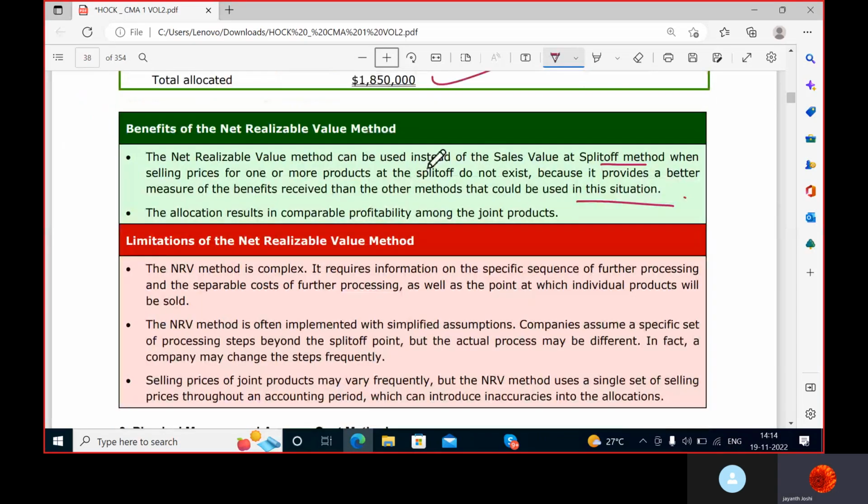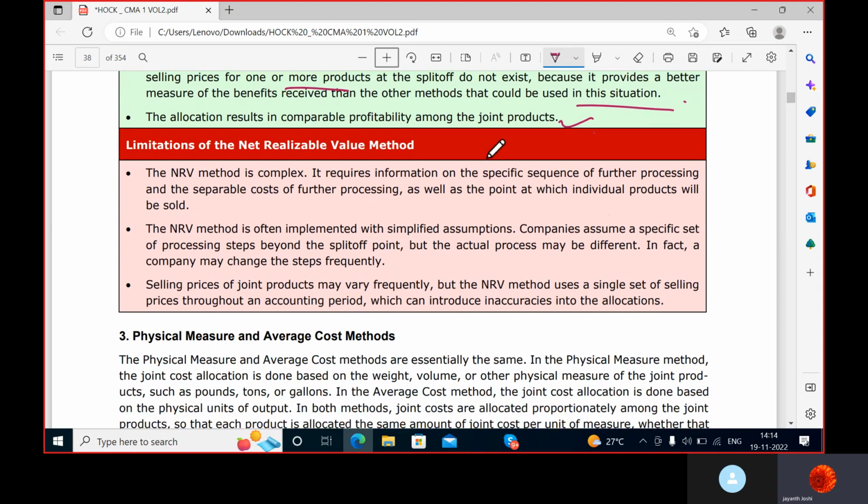It is used instead of sales value at split off point when selling price for one or more products at split off does not exist, because it provides a better measure of benefits received than other methods that could be used in this situation. The allocation results in comparable profitability among the joint products. NRV method is complex.